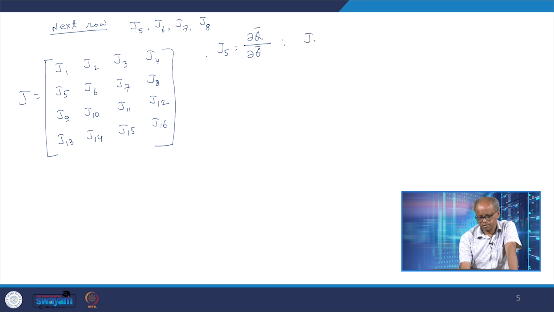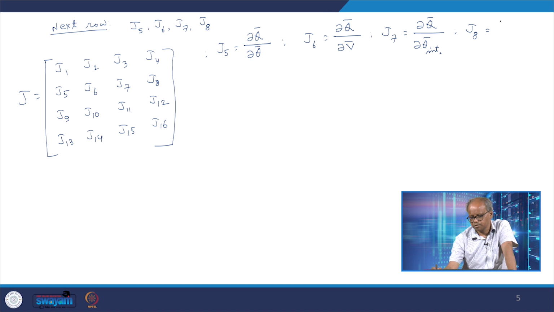J6 is del Q by del V. J7 is del Q by del theta internal, and J8 is del Q by del V internal. These are absolutely similar.